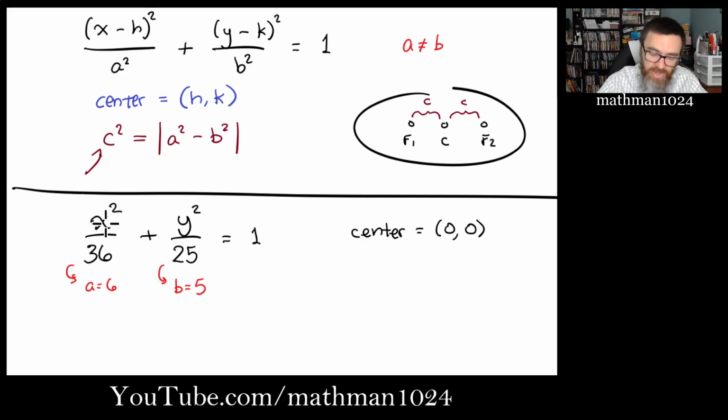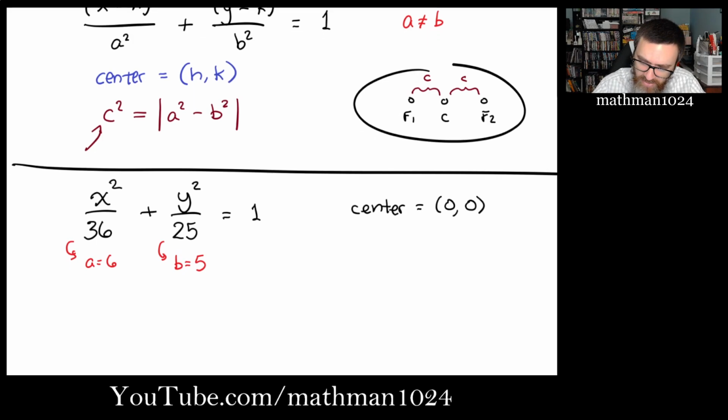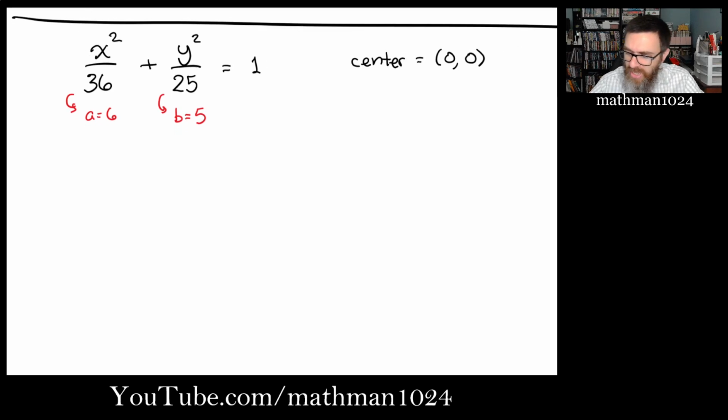So whatever is underneath the x, in this case, the 6, now you may say, oh, I thought it was 36. Yes, but in the form, it's a square. So you take the square root of that, and it's 6. That means in the x direction, we are going to be spaced out 6 units on either side of the center. In the y direction, we're going to be spaced out 5 units on either side. And once we put those points in place, then the graph is a fairly simple exercise, and we can answer all kinds of great questions related to the ellipse.